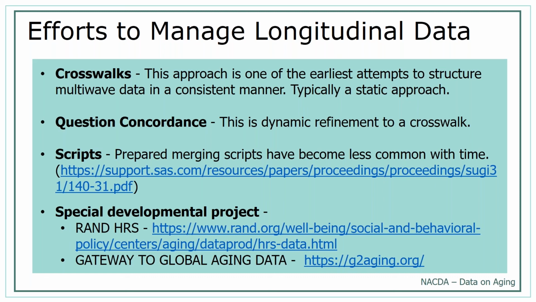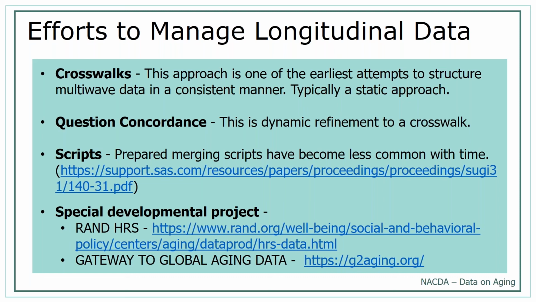At one point, there was a flurry of projects that released pre-prepared merging scripts in SAS or SPSS or Stata that would help you put data sets together. This has become less common with time, primarily due just to the effort and resources required to do this kind of work.